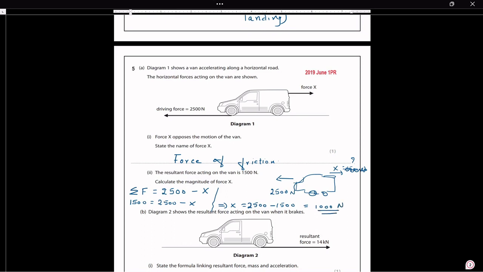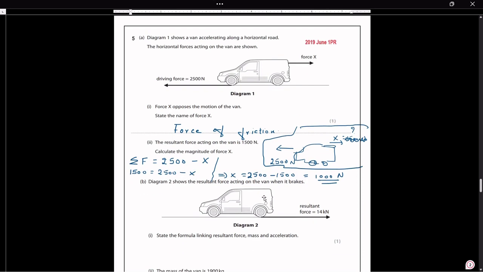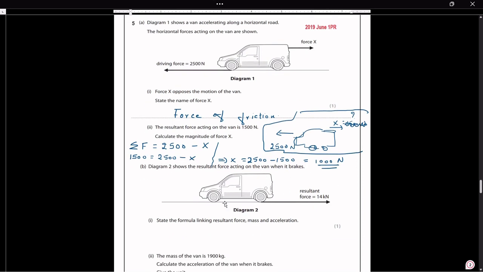The force X is 1000 Newton. This is the picture I have given to show you the forces acting. Net force is 1500, and the driving force is 2500. X is in the opposite direction, so subtracting, it gives you 1000 Newton.